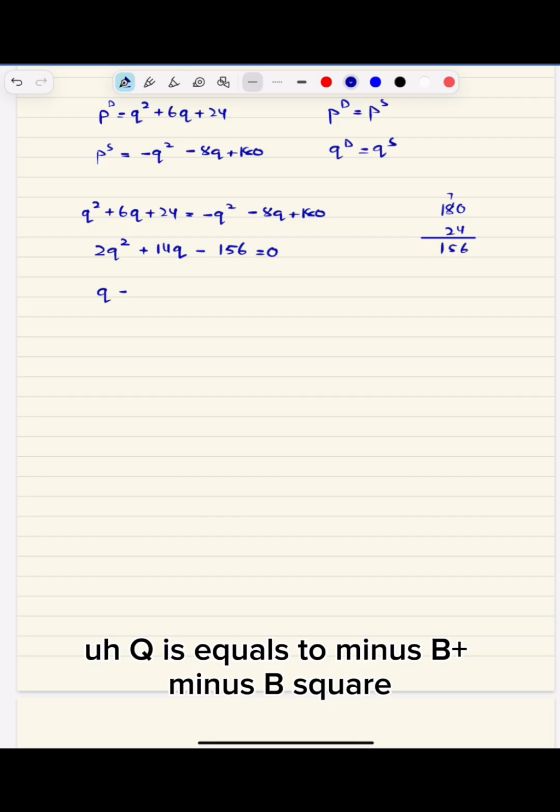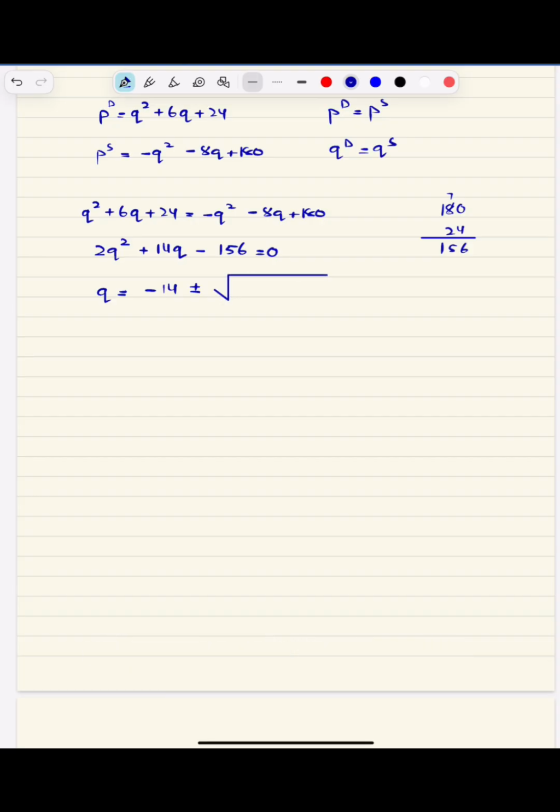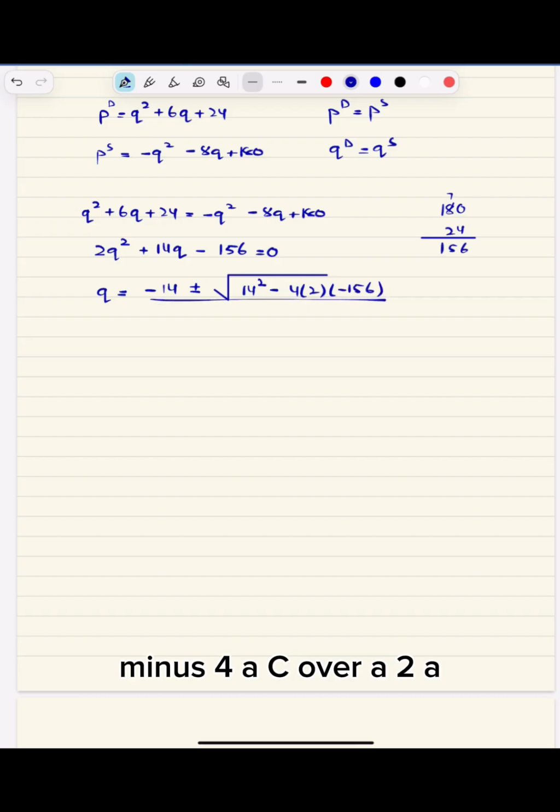Q is equal to minus b plus or minus the square root of b square minus 4ac, over 2a.